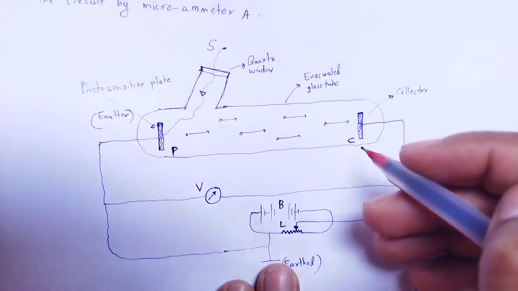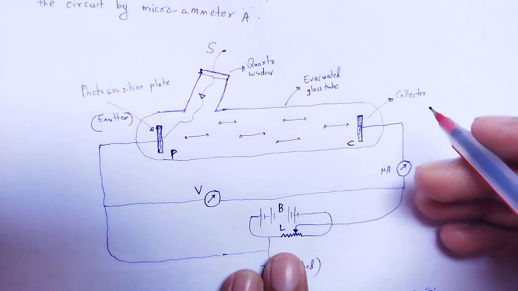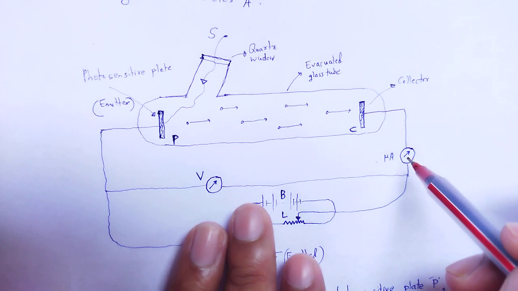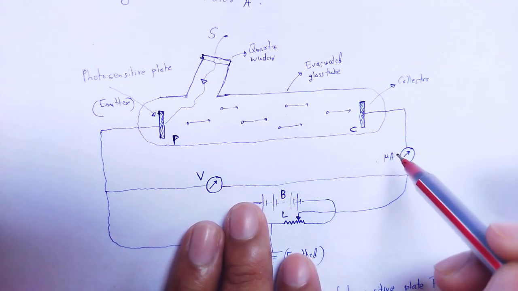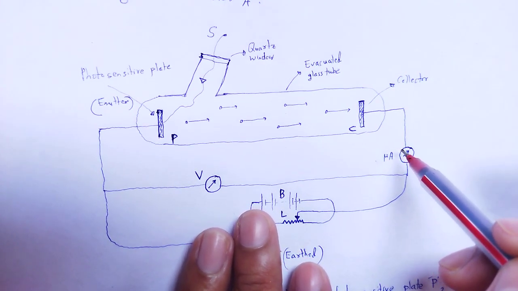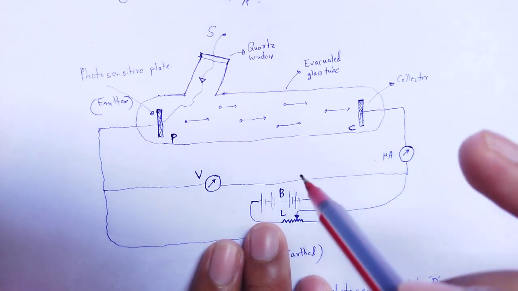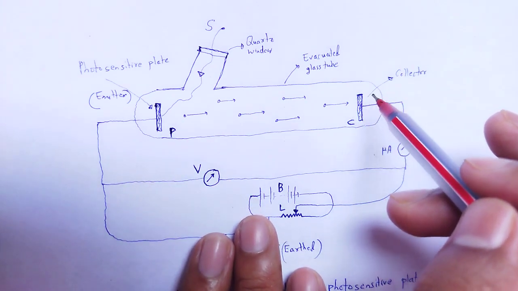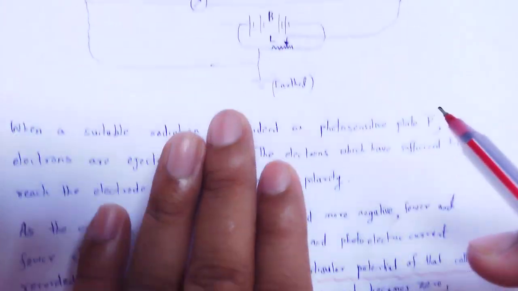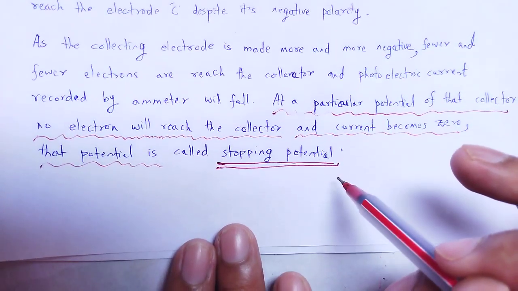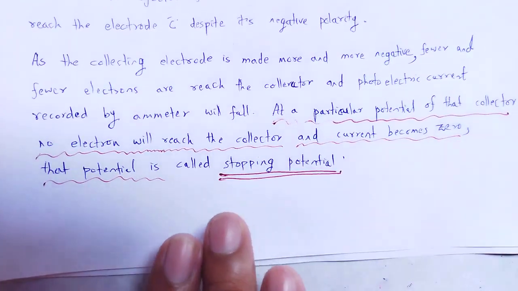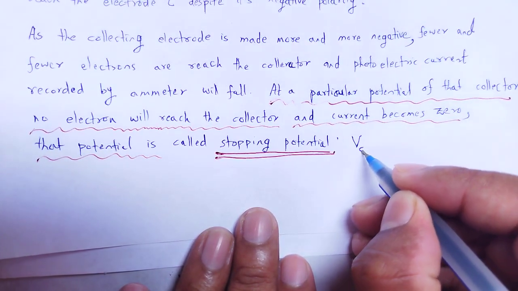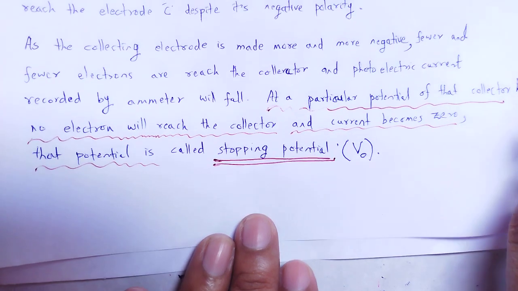As we increase the negative polarity of the collector, we reach a point where no current is seen. At that particular situation, the potential is called our stopping potential, and we denote it by the letter V naught. V naught is the stopping potential.